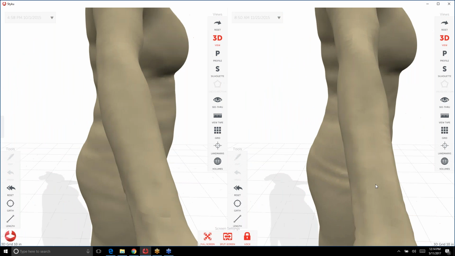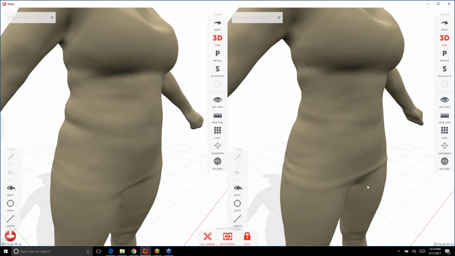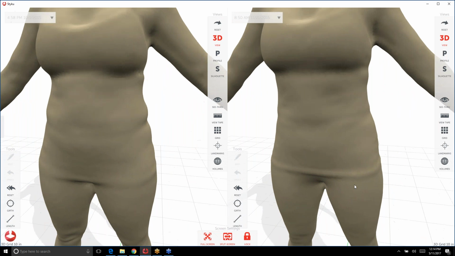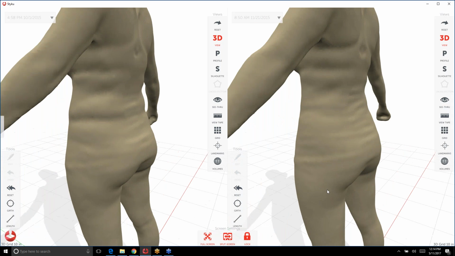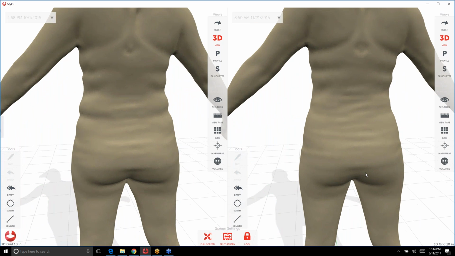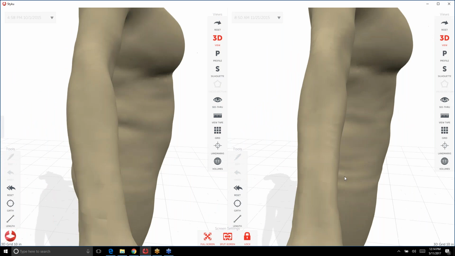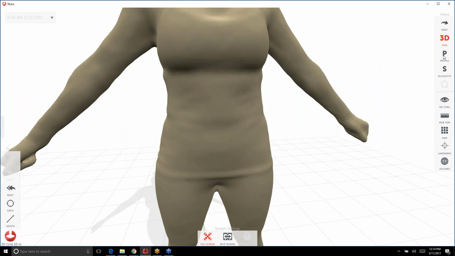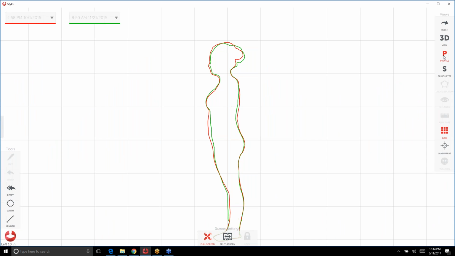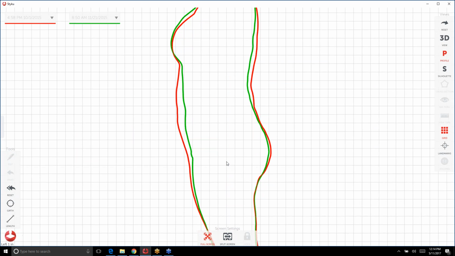So if you lose fat but gain muscle, even your total weight may stay the same, but your body shape will change dramatically. And measuring that change can be very hard. But with a 3D body scanner, we can actually show somebody how much fat they lost. We have some nifty tools to do that, where we can overlay scans together and you can see the changes in somebody's body fat. So red is the before, and green is the after.